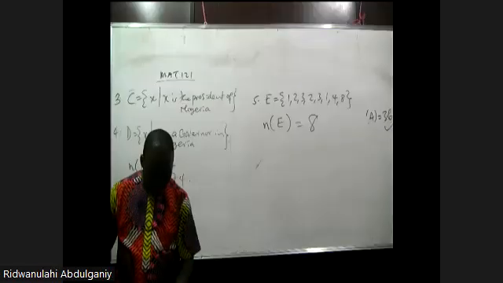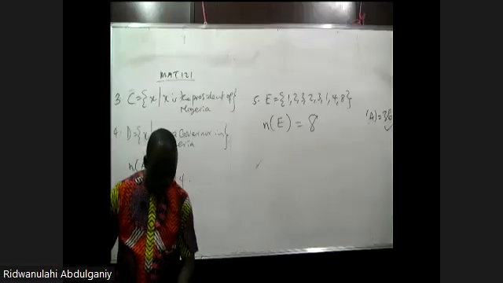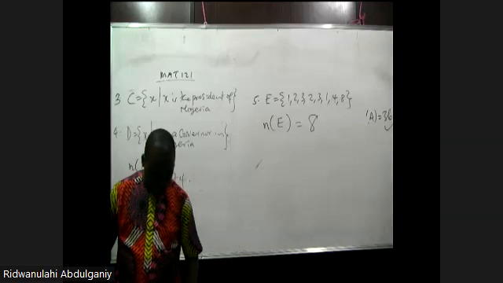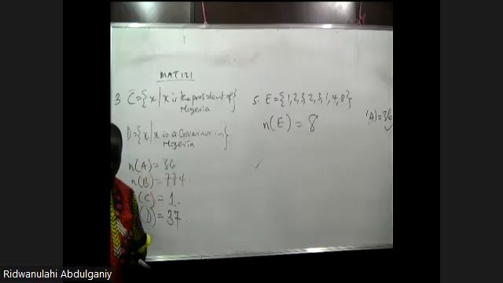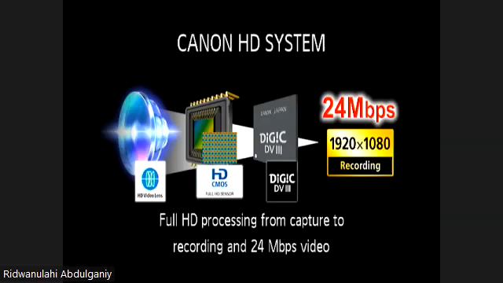So now, having looked at the operations of set, I will take some algebra of set now. After algebra of set, we look at Venn diagram and we take some questions. But we will not be able to get to Venn diagram today. So let me look at algebra of set.